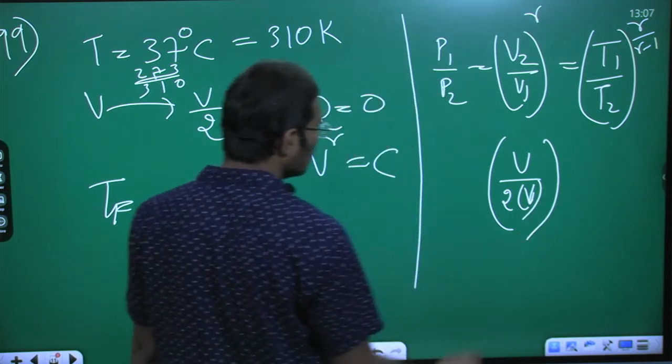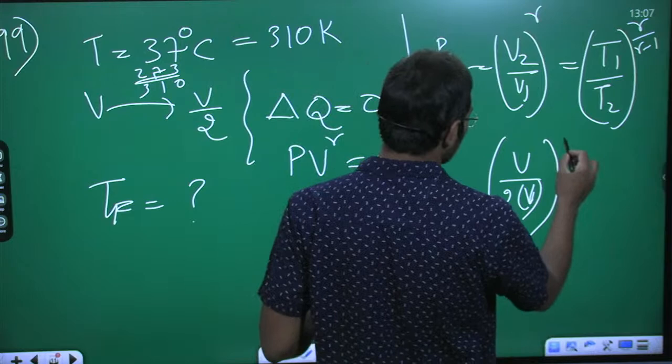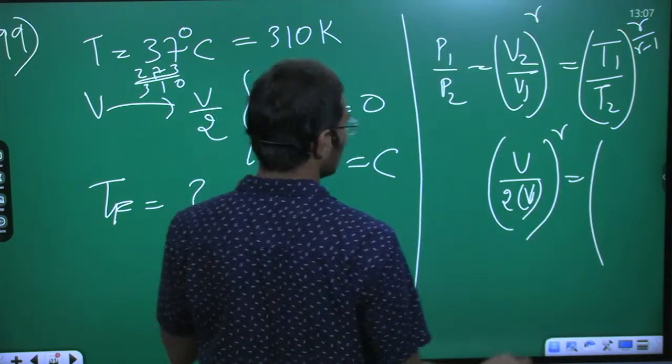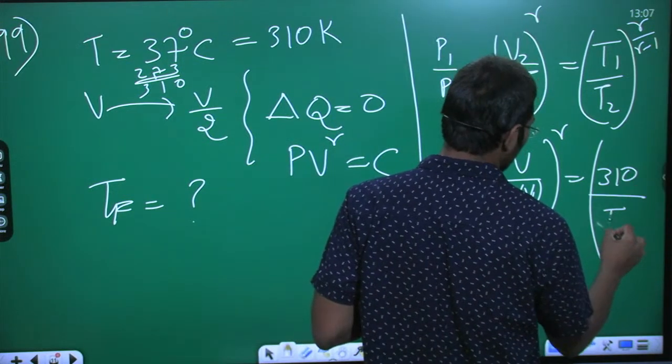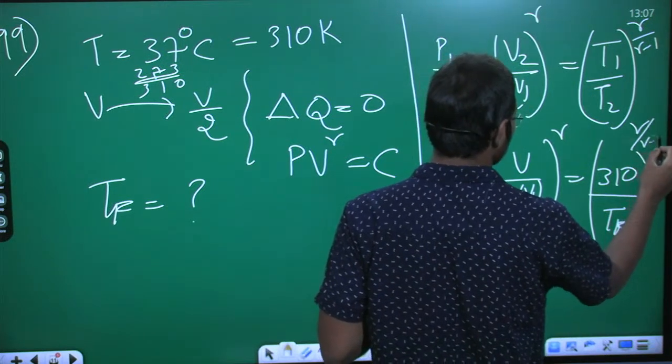Initial volume was V and final volume is V by 2. So V by 2 by V whole power gamma. What is the initial temperature? 310. Final temperature T final whole power gamma by gamma minus 1.